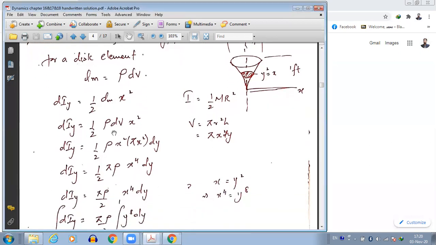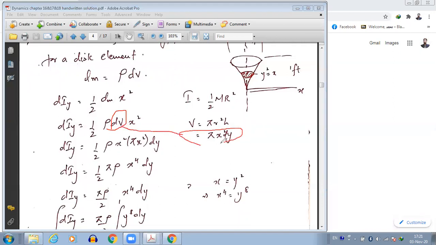Now dm can be written as rho dv, and we can find dv because we know that V is pi r square h, so dv is pi x square dy. So here it becomes half pi rho x power 4 dy.